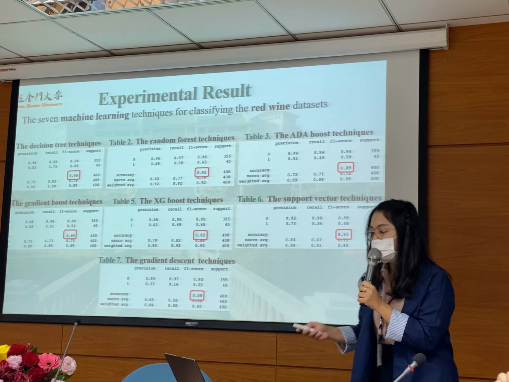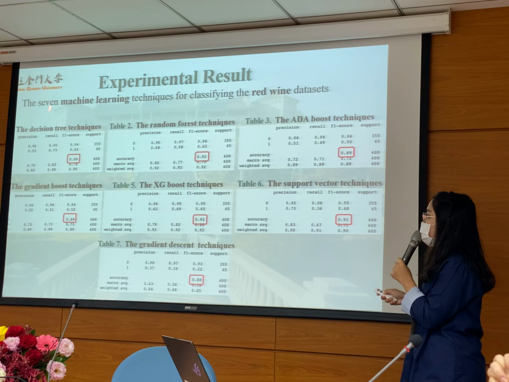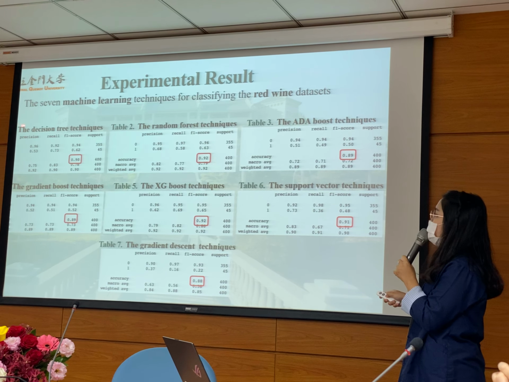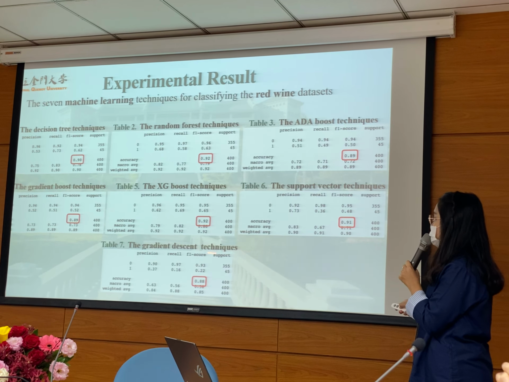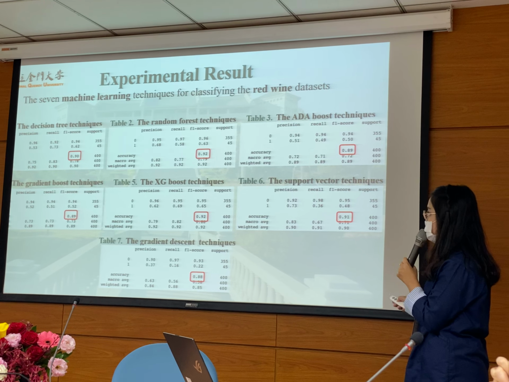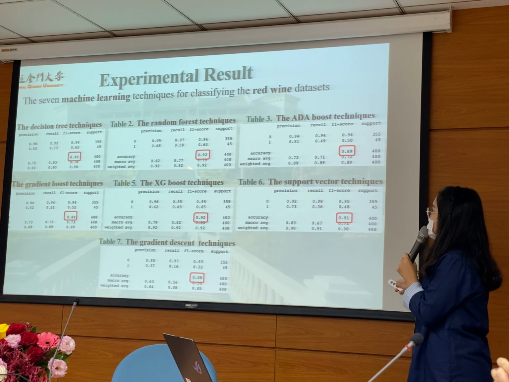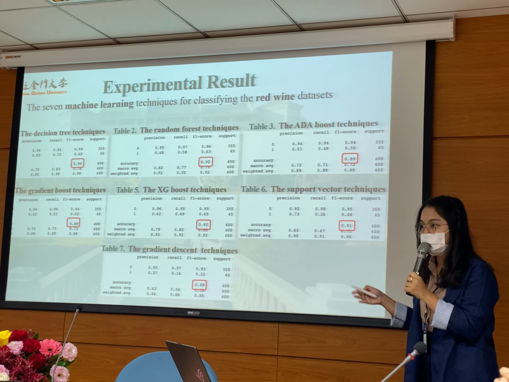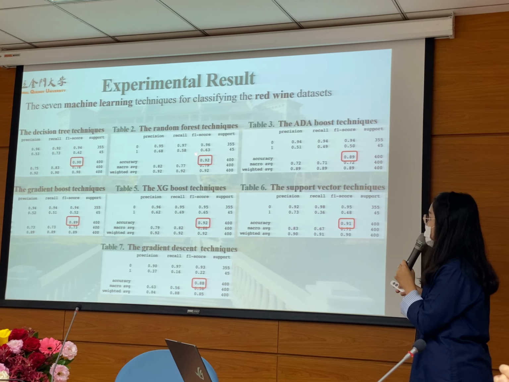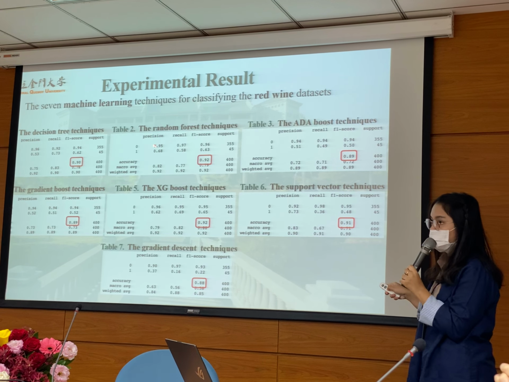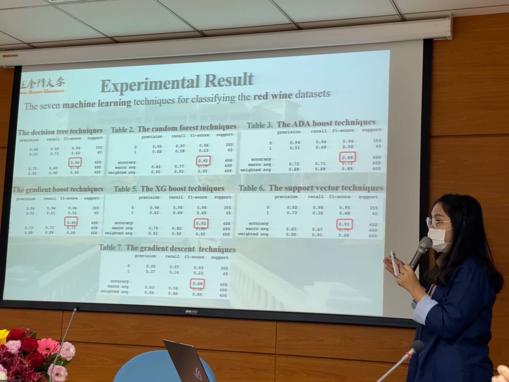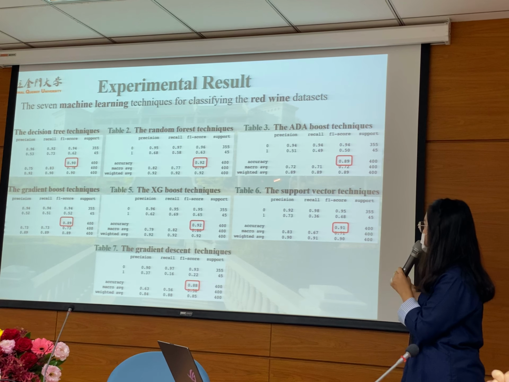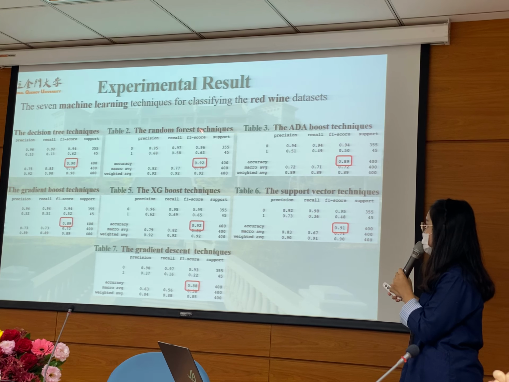Okay, so here is the experimental result for the 7 machine learning techniques that classify the red wine. Here we have decision tree techniques until gradient descent. We see that the random forest technique, which was used in several previous related works, has the highest accuracy value, the same as in the previous related works. But is there any technique with higher accuracy than the random forest?